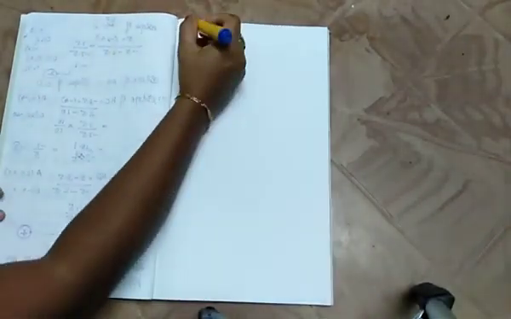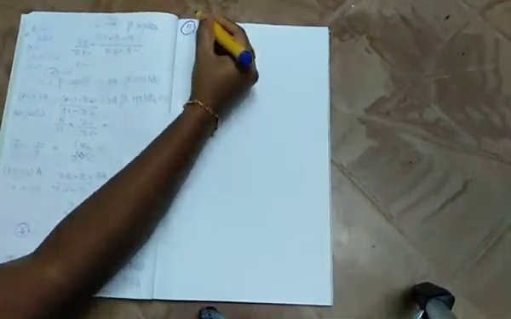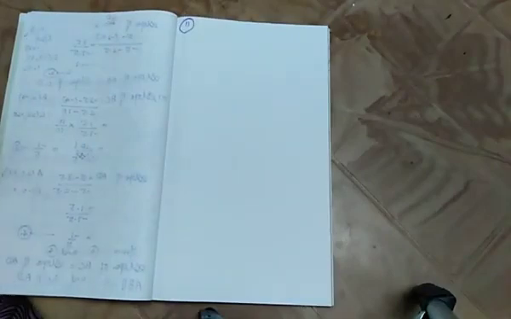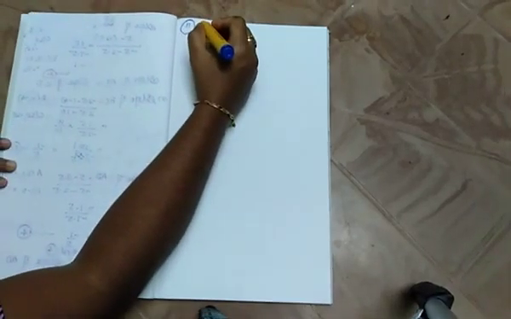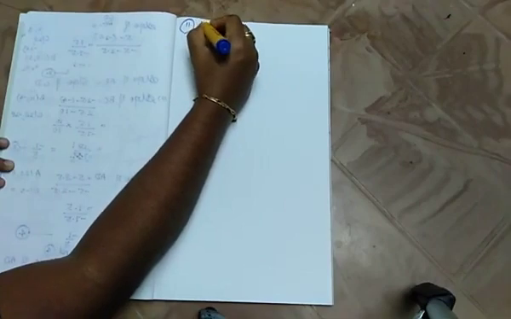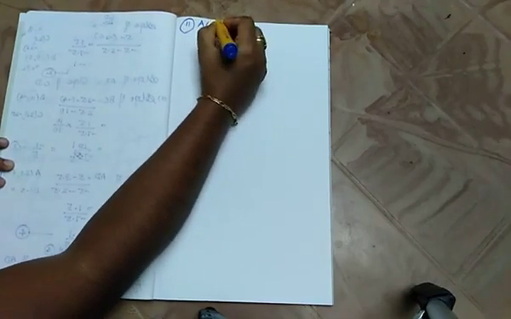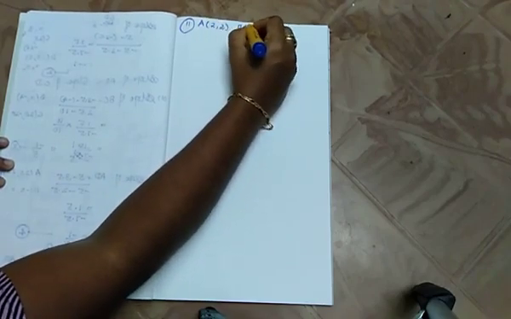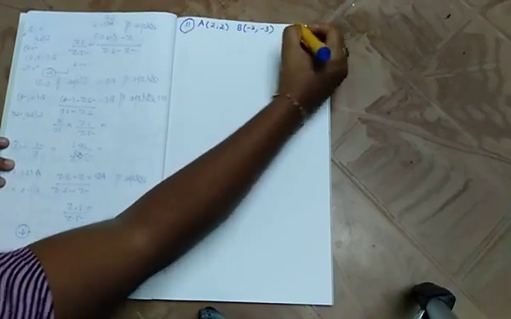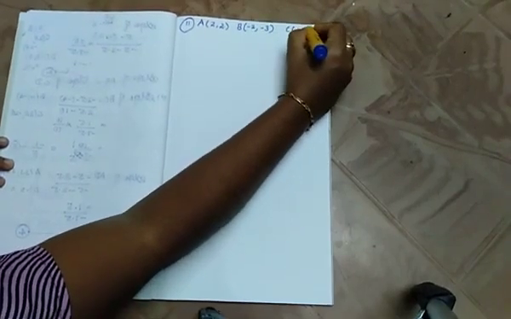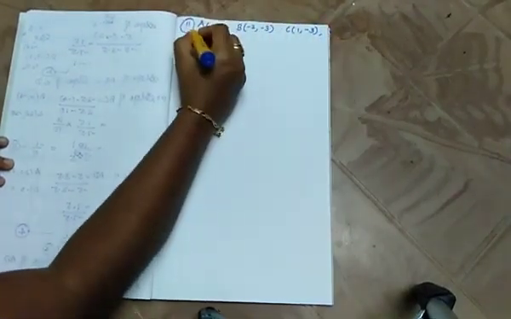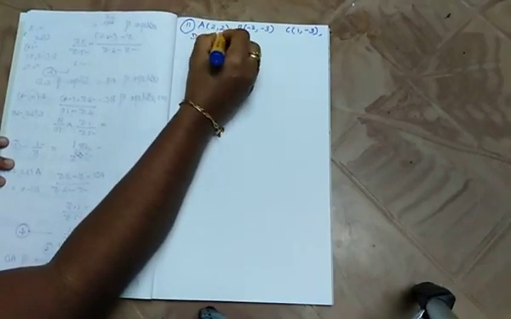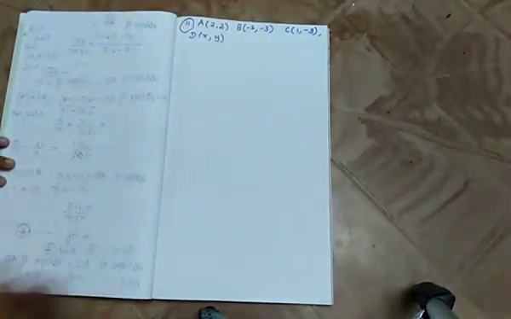Okay, so question number 11. I'll read out the question. If the points A of (2, 2), B of (-2, -3), C of (1, -3) and D of (x, y) form a parallelogram.